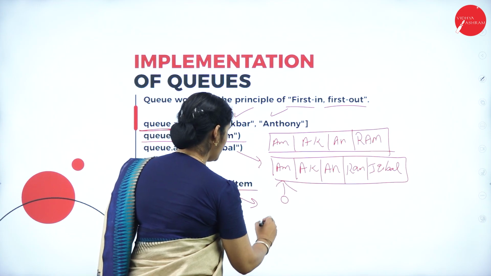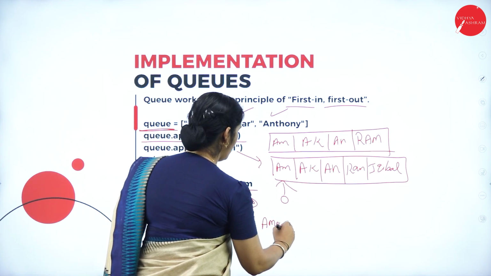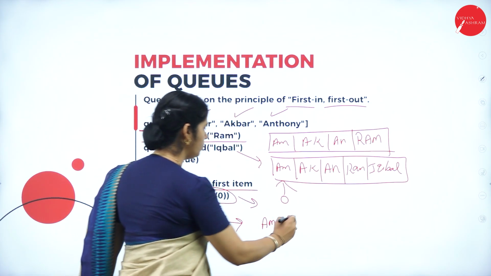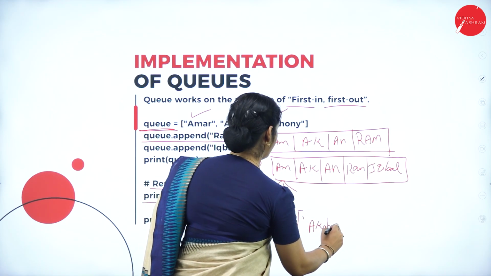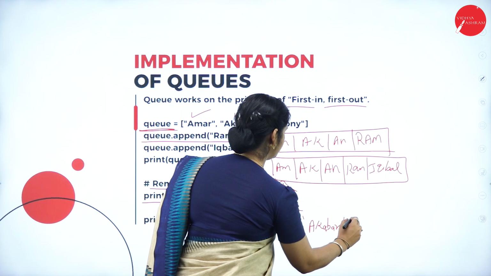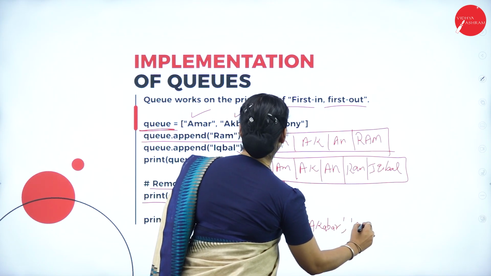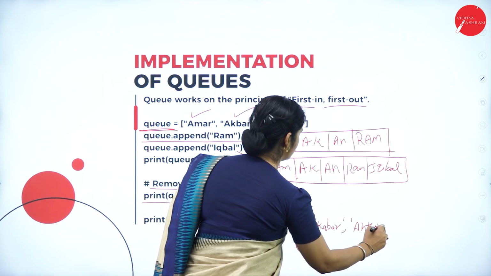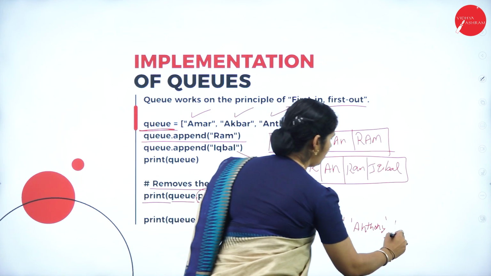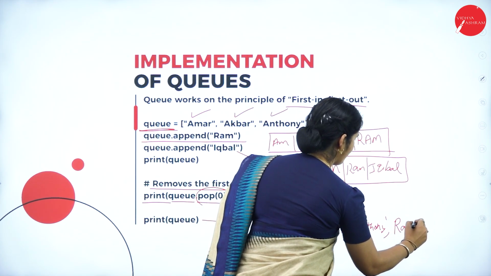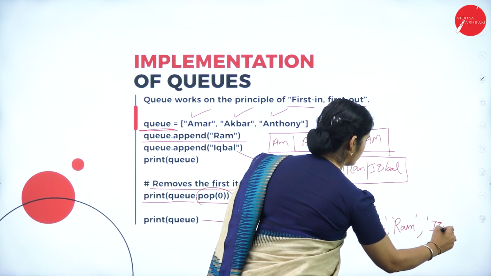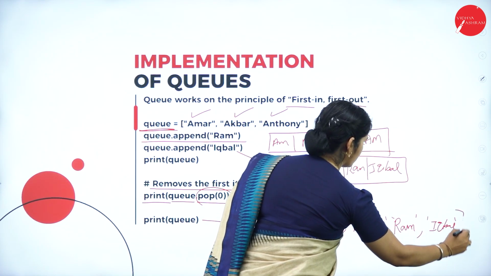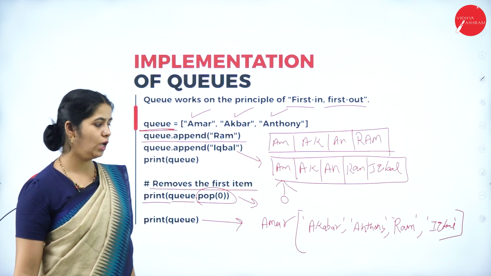Amar will be removed from the queue, and what am I left with? Akbar, Anthony, Ram, Iqbal. This much will be there in your list.